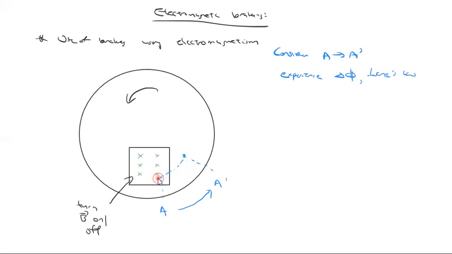It used to have into the page, it doesn't anymore, so it wants to create an into the page. So it wants to induce a current that will create an into the page direction. Using the right-hand grip rule, you'll find that if a current flows in that direction, it will create an into the page here, and that will try to minimize the change.